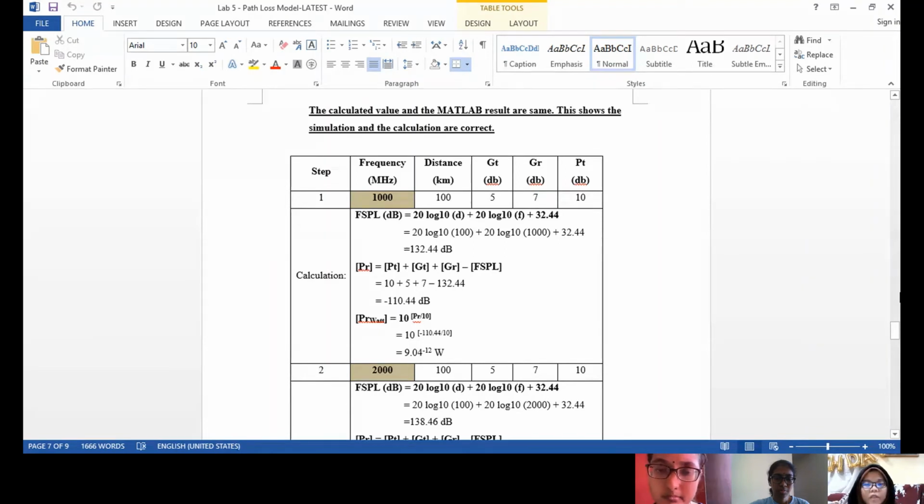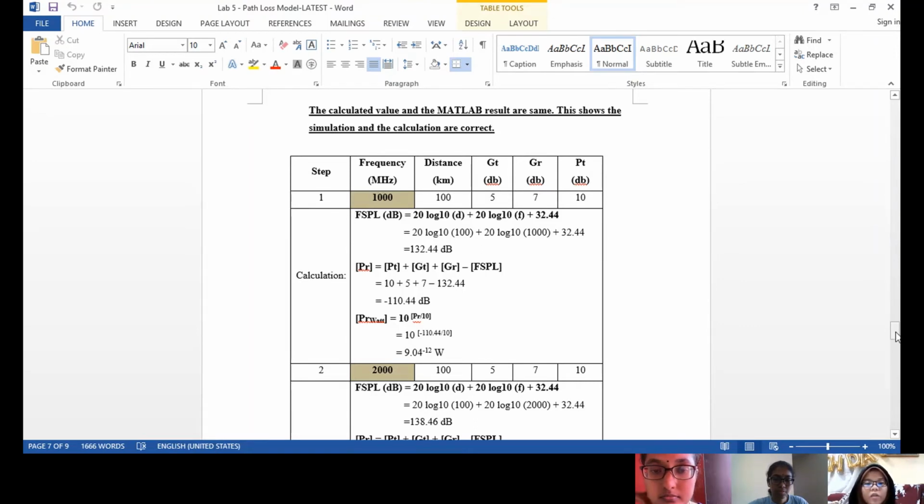Then for the power received in dB, the equation is power transmitter plus gain transmitter plus receive gain minus free space path loss. Then the answer we got is negative 110.44 dB.